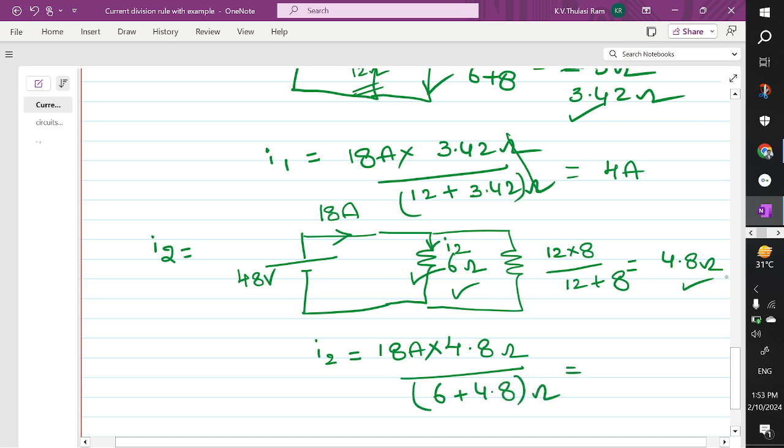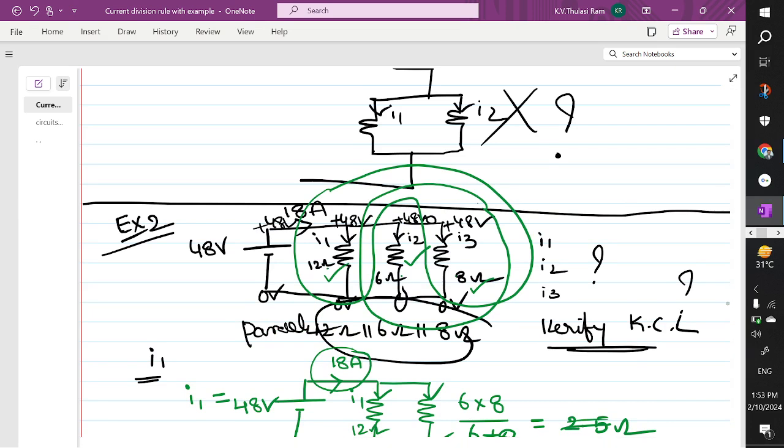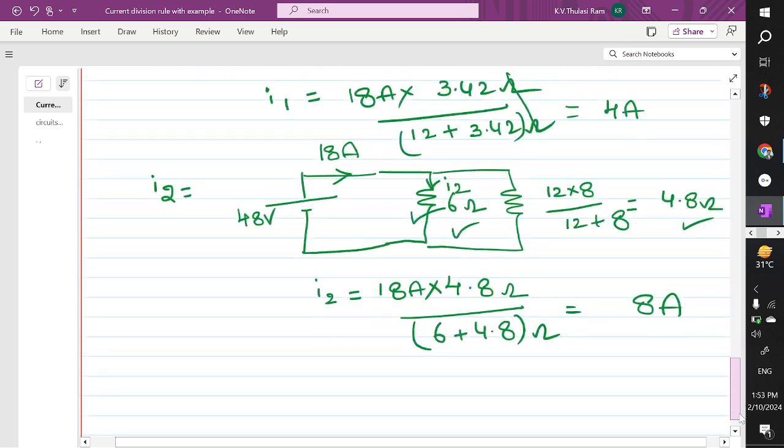When you perform the calculation, you get 8 amperes. Now coming to the next one: we want to find the current I3. These two branches are connected in parallel. Let us try to solve it.